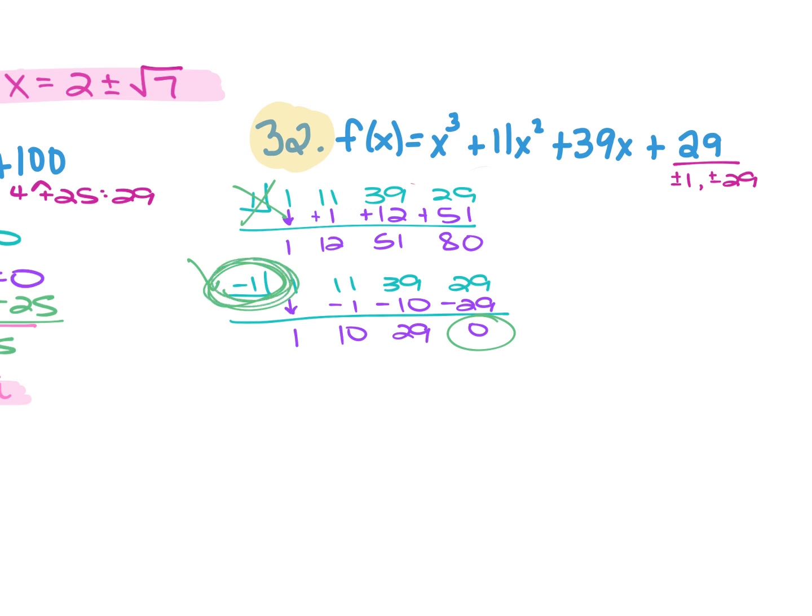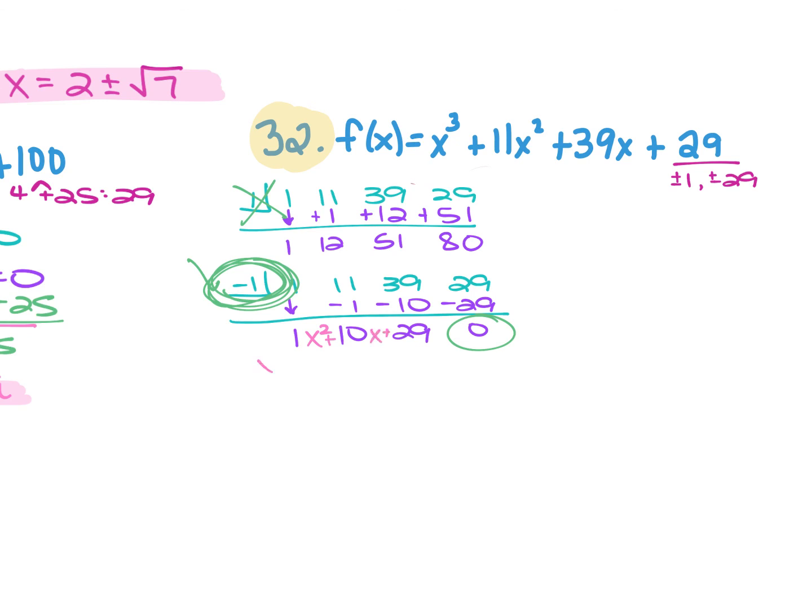Circle it, highlight it, put a star next to it, check it, do something to remind yourself that that's one of your solutions, because you're going to continue to solve this using the 1, the 10, and the 29. This 1 gets an x squared. The 10 gets an x, and the 29 is your constant.